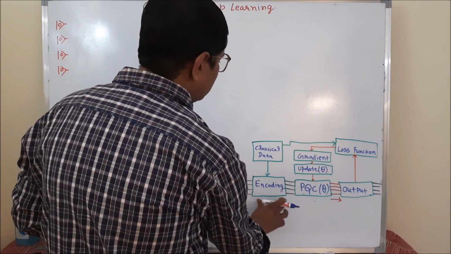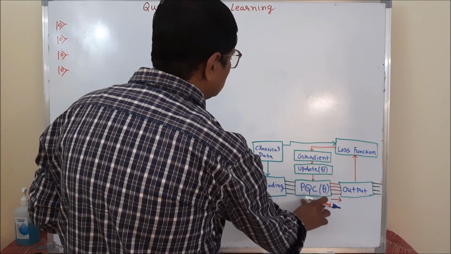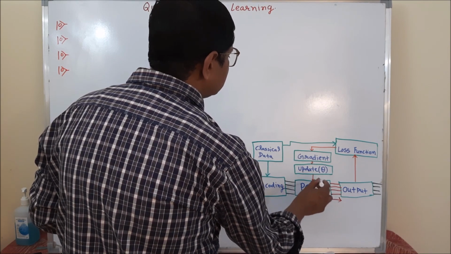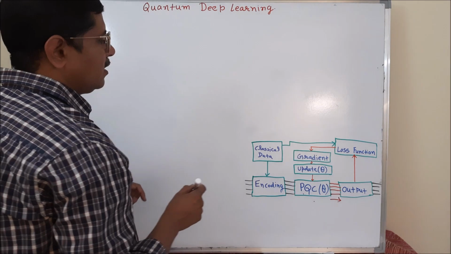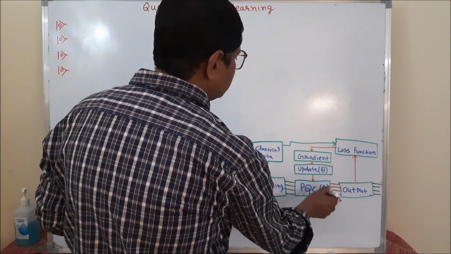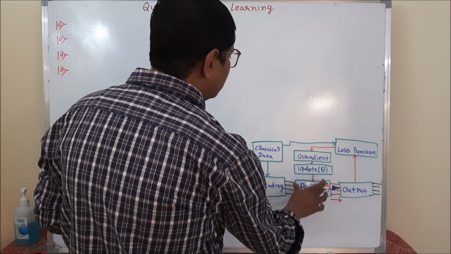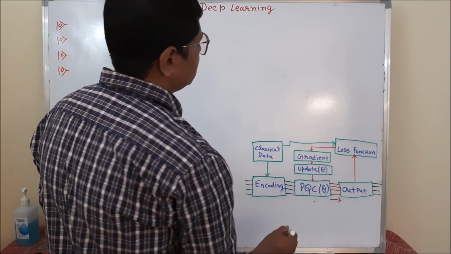Once we convert the data into qubit encoding, we pass it through a parameterized quantum circuit. We say it parameterized quantum circuit because we use some set of parameters and weights which actually learn during the training process.